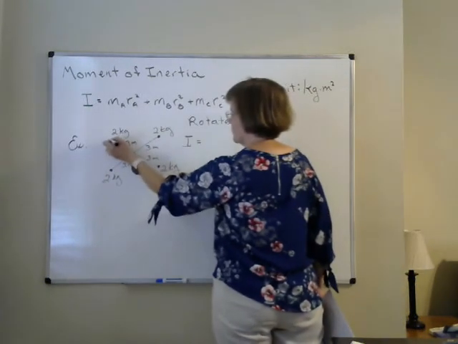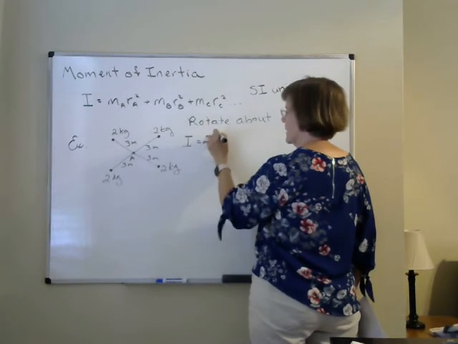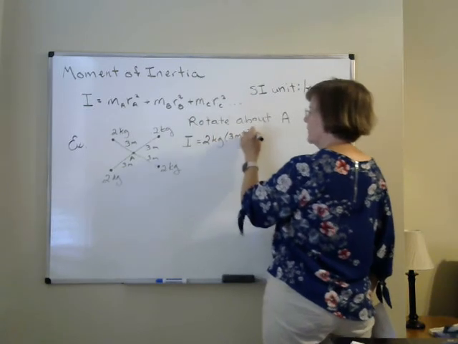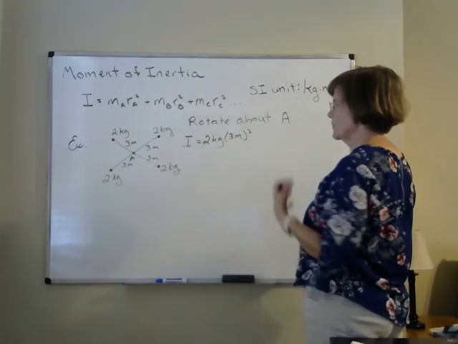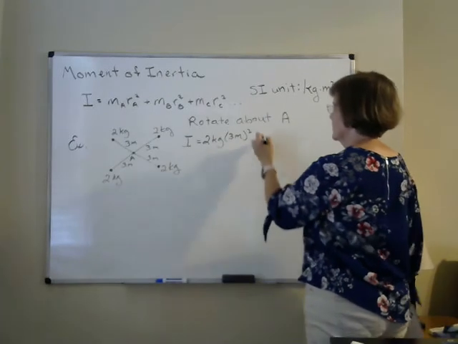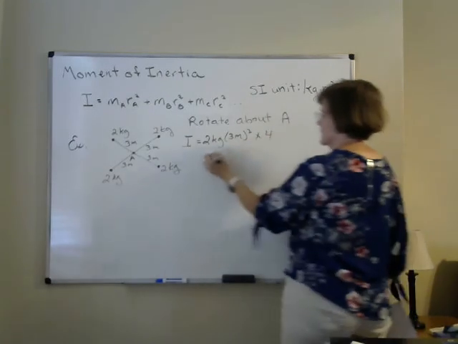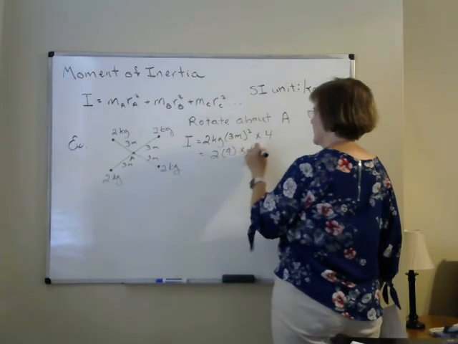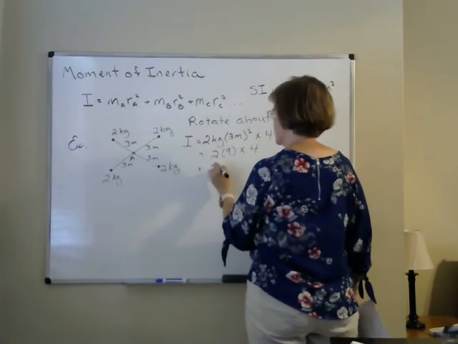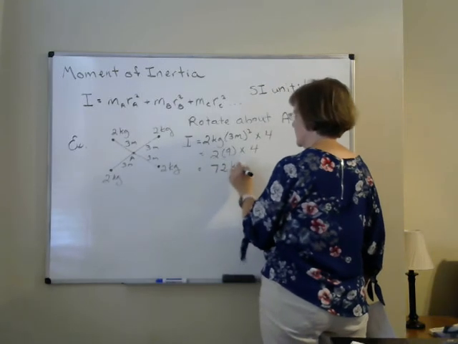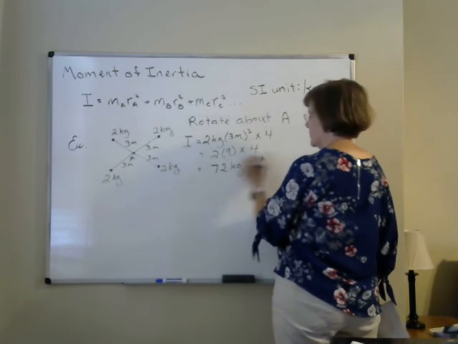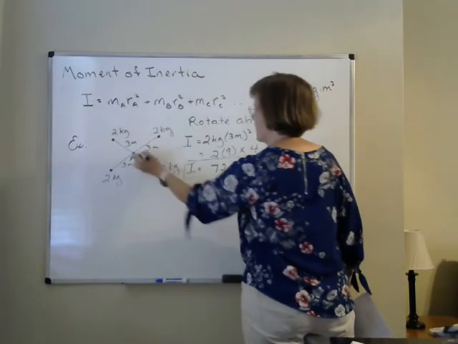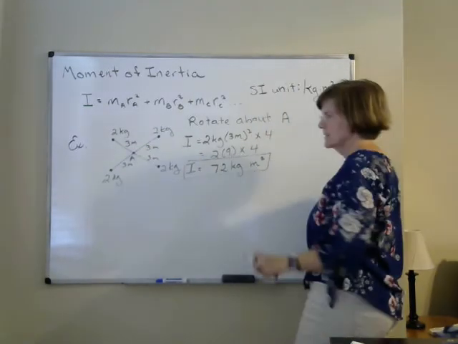The moment of inertia for that particle is 2 kilograms times 3 meters squared. Well, in fact, that is the moment of inertia for all 4 of those particles. So that would be 2 times 9, that's 18. 18 times 4, that's 72 kilogram meters squared. That's if they're all rotating about that point in the middle.